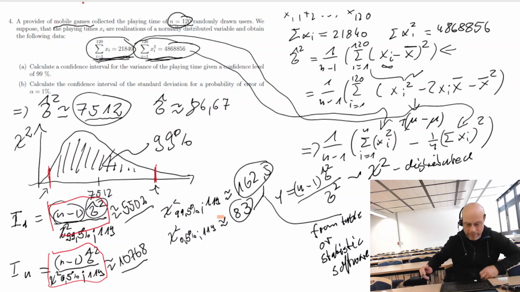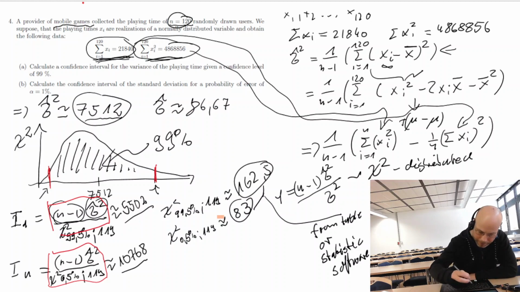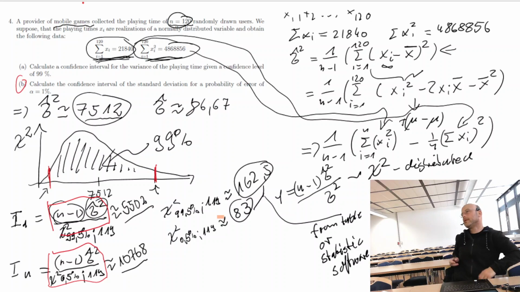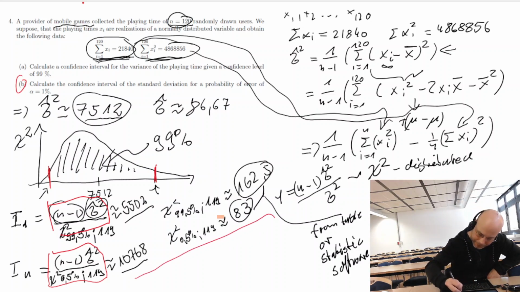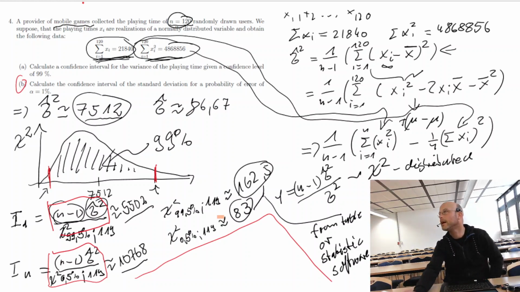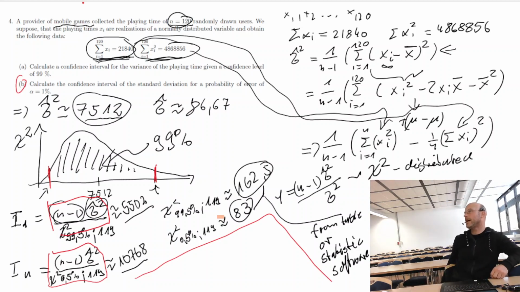And so we have another part B. Calculate the confidence interval of the standard deviation for a probability error of alpha equals 1%. And this, I ask you, is a really hard question.